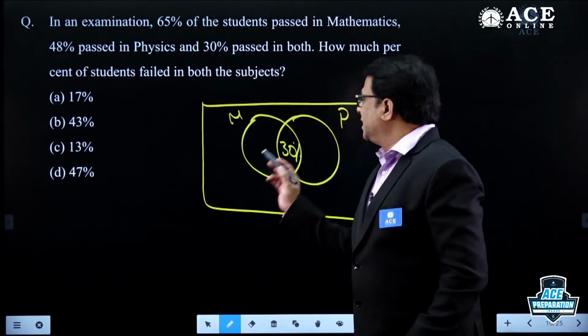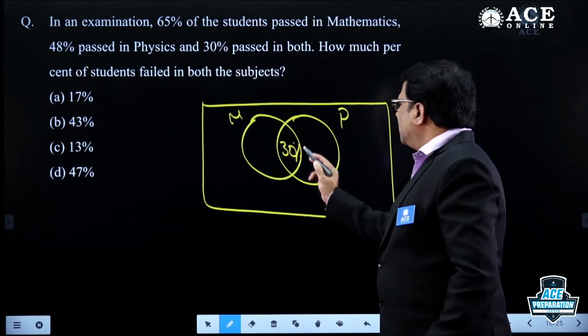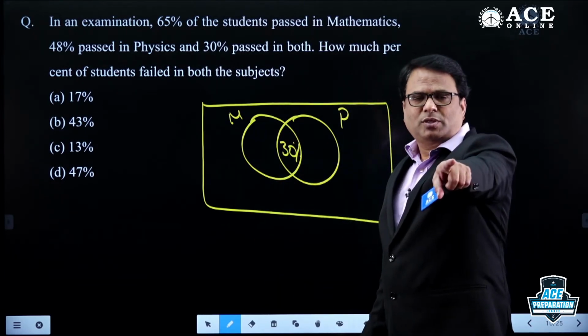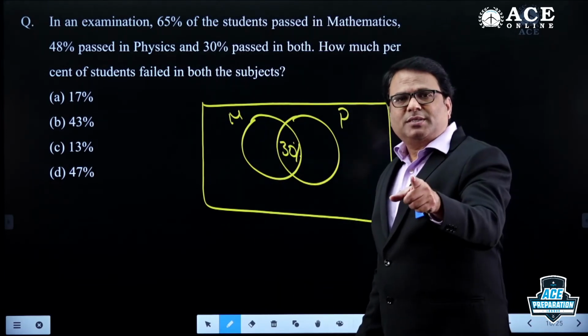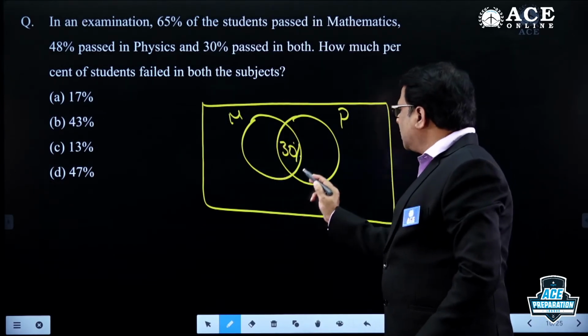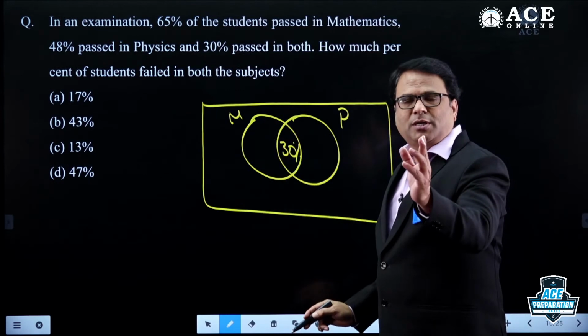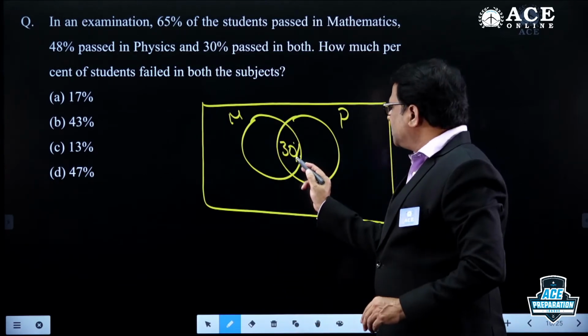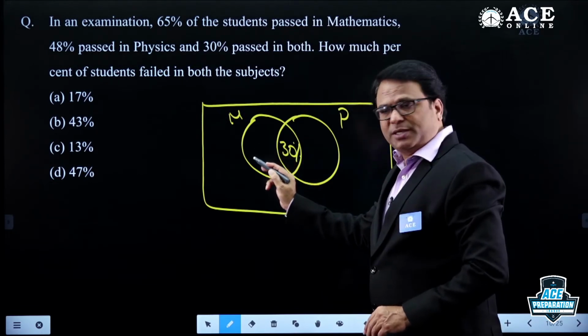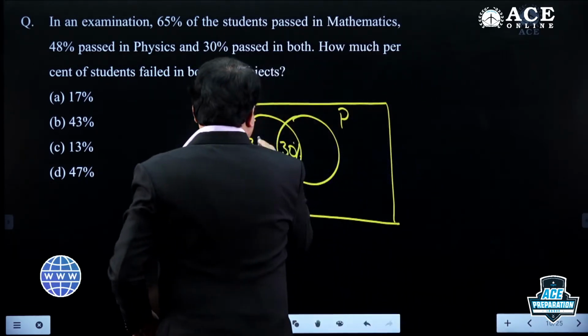That means this complete mathematics circle should represent 65%, and out of 65%, 30% is already written here. So here it should be 35%.